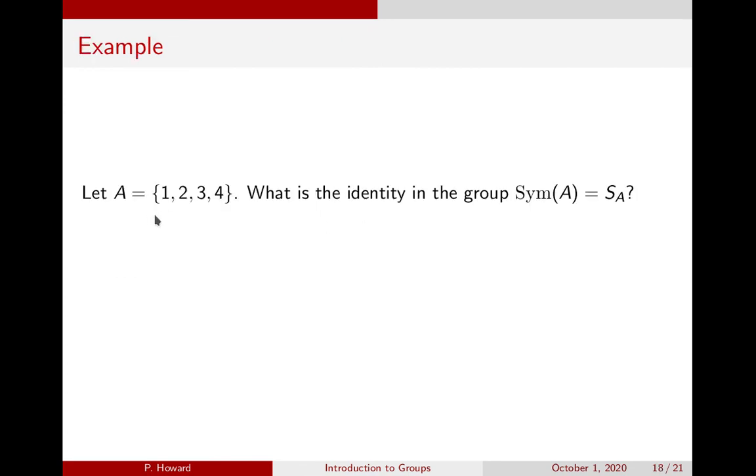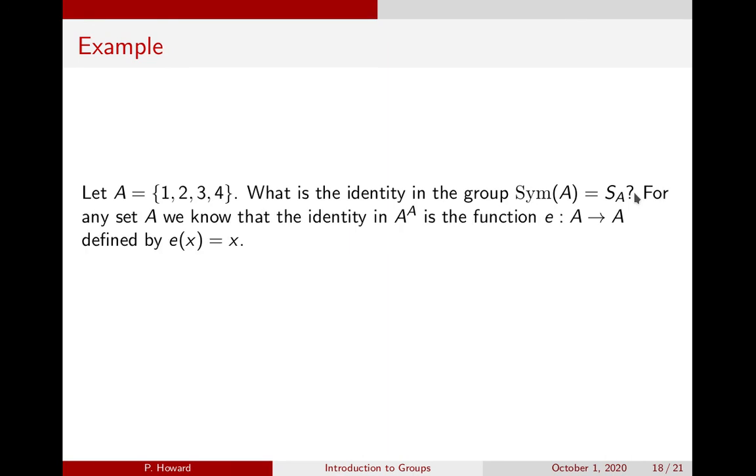Okay, now a few examples. Suppose A is the set whose elements are 1, 2, 3, and 4. What is the identity element in the group Sim A, using the operation of composition, I should have said? Well, we know what the identity element in A to the A is. We've talked about this before, and had a homework problem on this.